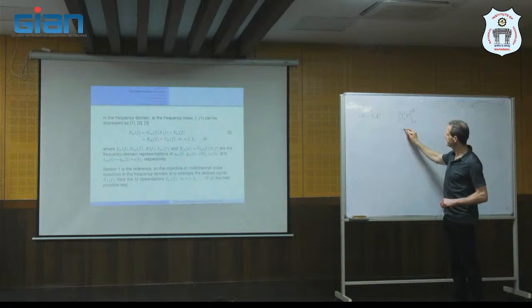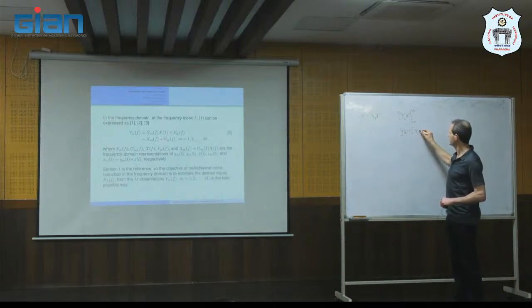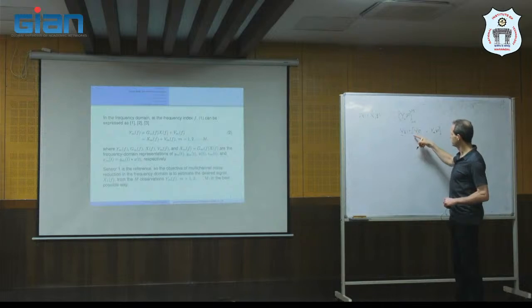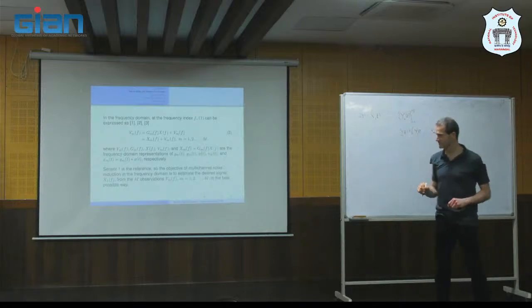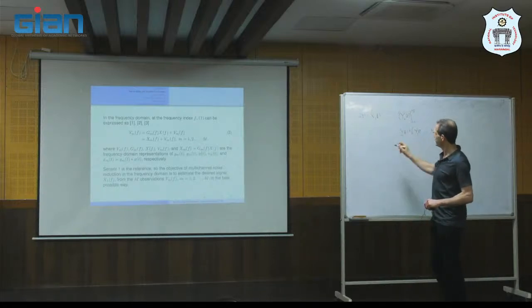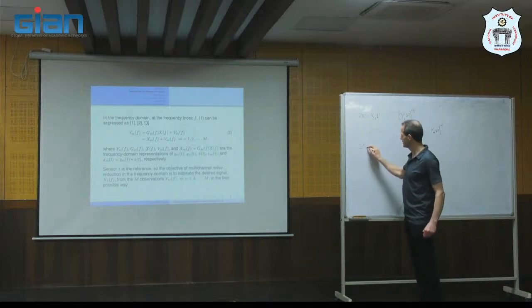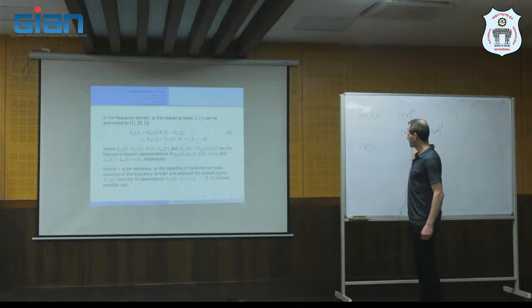So we can define a vector y(f) that contains, for the same frequency f, y1 up to yM. So it's the same frequency component from all the sensors. And then we try to find an estimate of X1 using a filter.